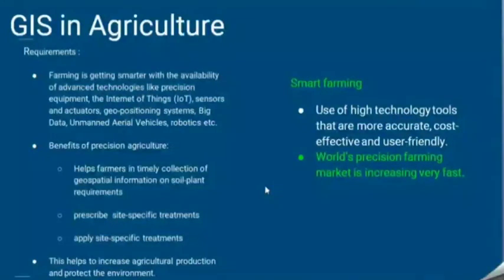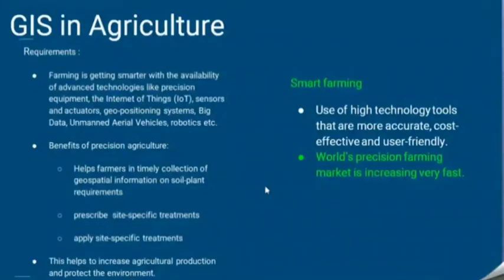Nowadays farming is getting more advanced. For example, using precision equipment, Internet of Things, sensors, actuators, geopositioning systems, big data, unmanned aerial vehicles, and use of robotics, etc., helps a farmer a lot.